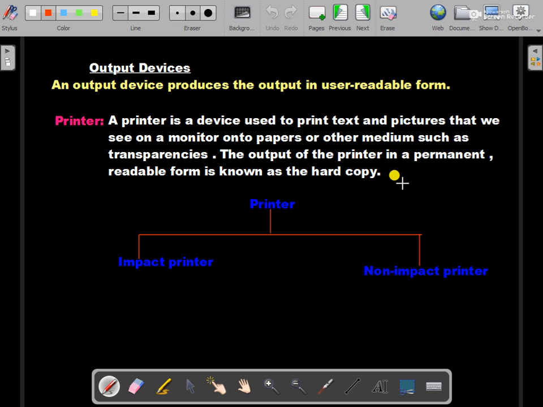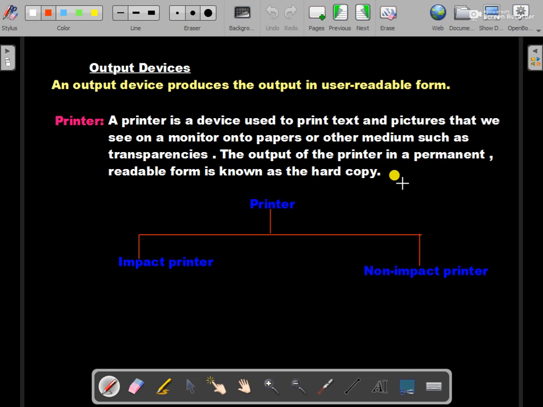Today I am going to discuss an output device, the printer. A printer is a device used to print text and pictures that we see on a monitor onto paper or other medium such as transparencies.